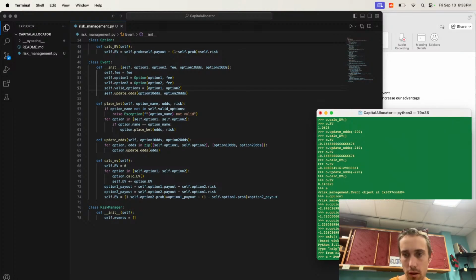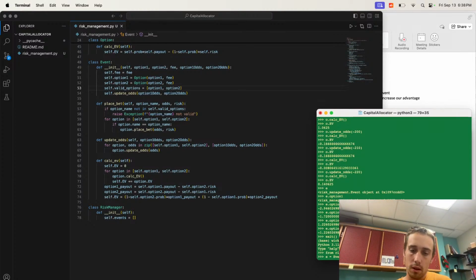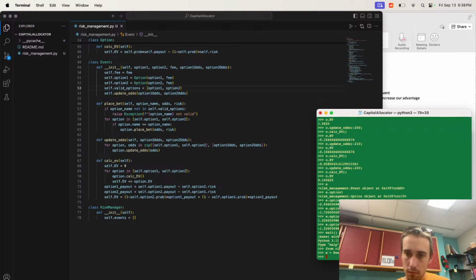The fee at our hypothetical sportsbook is 5%, and it's opening with plus 150 on the Rams and minus 130 on the Lions. Now we're gonna place a bet on the Rams, and it's at plus 150, and we're gonna risk $10.